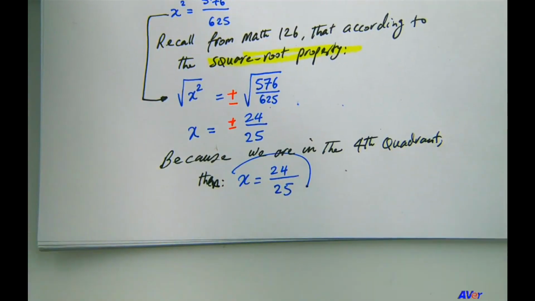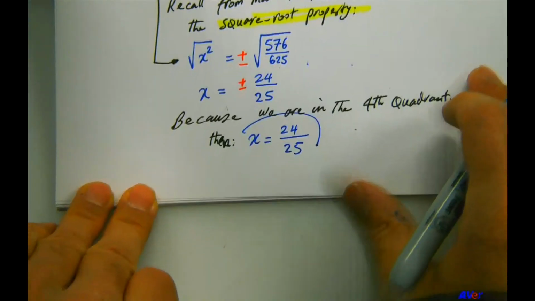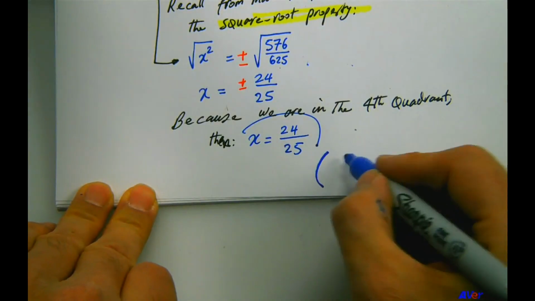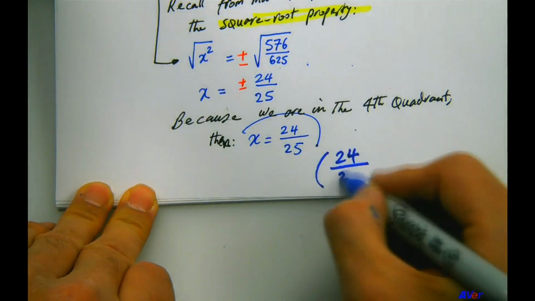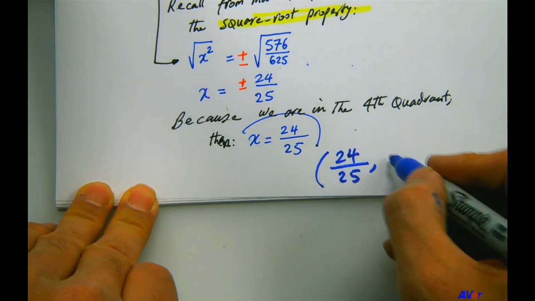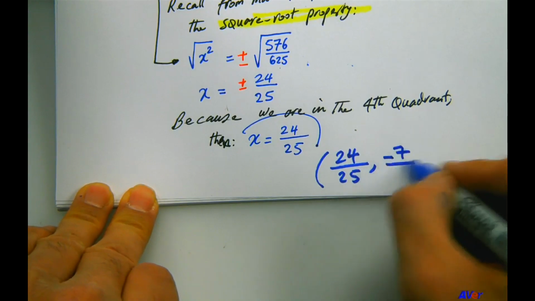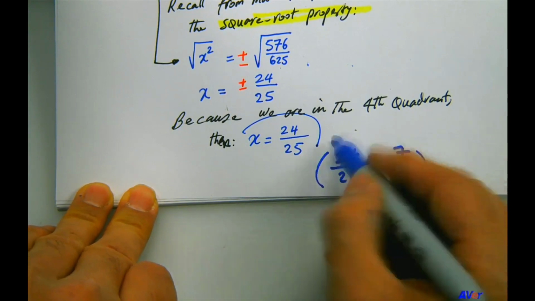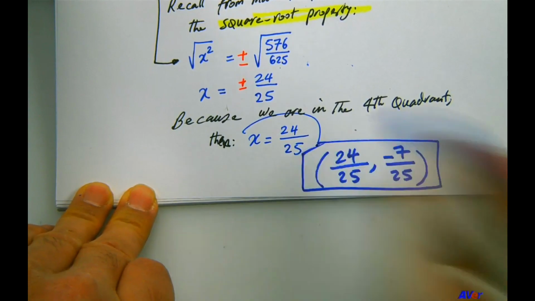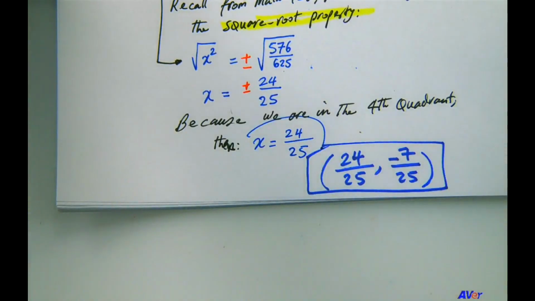So what is the completed coordinate for that point? The completed coordinate then is 24 over 25, which is what we were looking for, comma, negative 7 over 25. Okay, that's the completed coordinate for that point. That's how helpful the equation of the unit circle was for us.